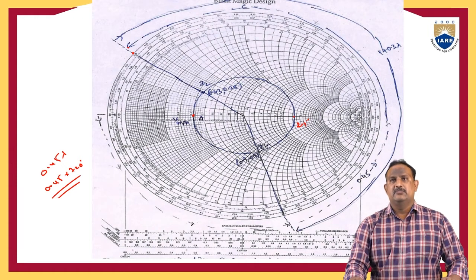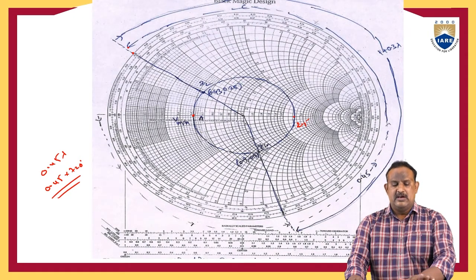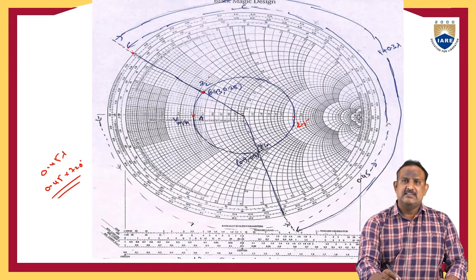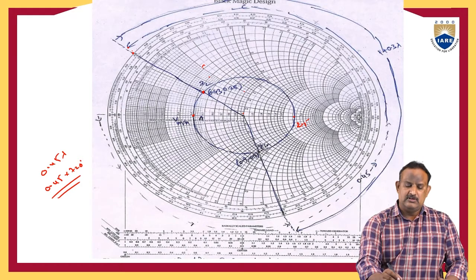Then, if I extend a line from the origin to that point, it touches the circle at a point. The point is 0.43, 0.28. Assume that as ZL. Therefore, ZL equals 0.43 plus j0.28.